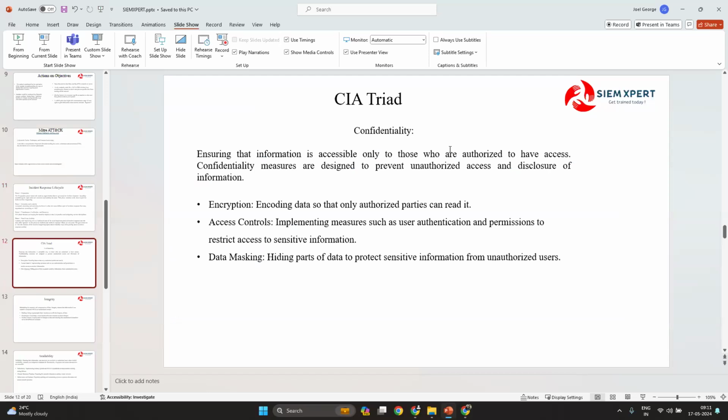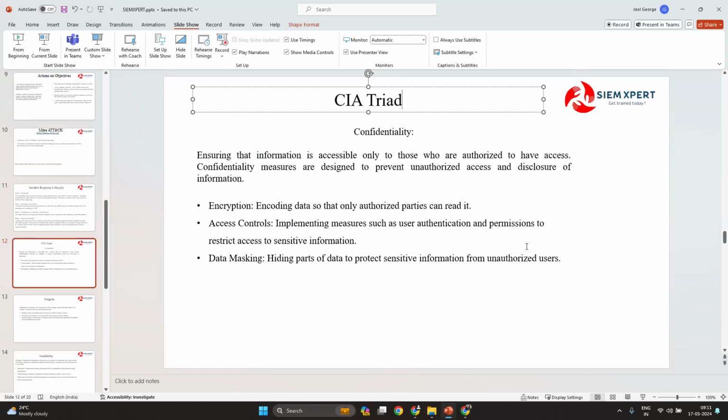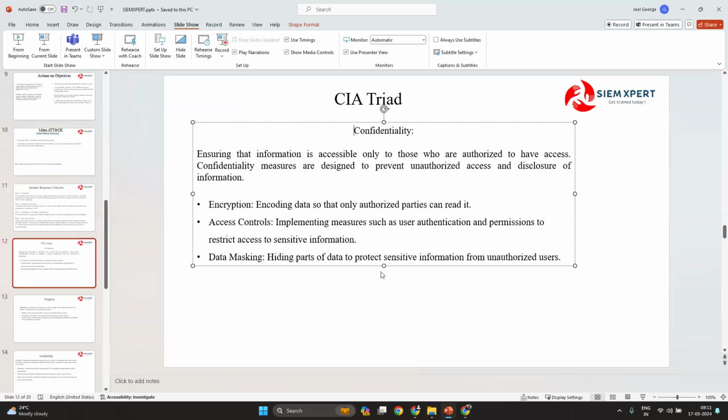Okay. Coming to the next concept, which is the CIA triad, which is a good thing to know from an interview perspective and from a security perspective. CIA stands for confidentiality, integrity, and availability.